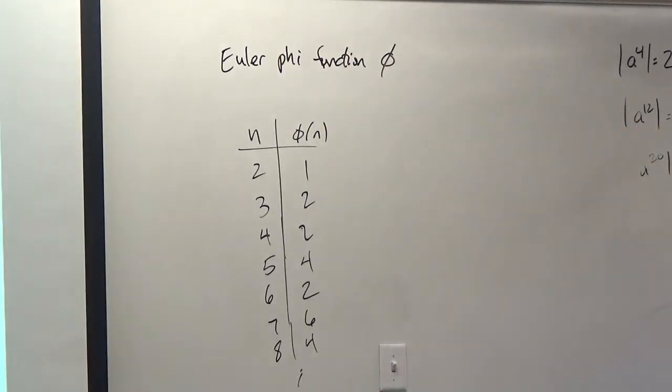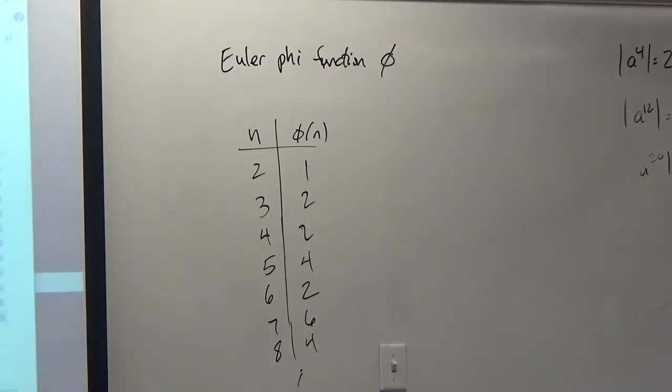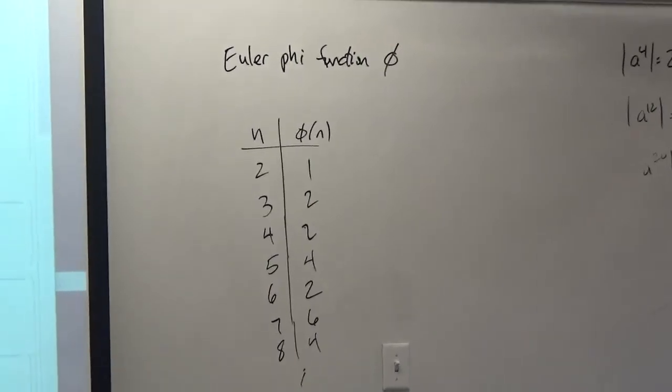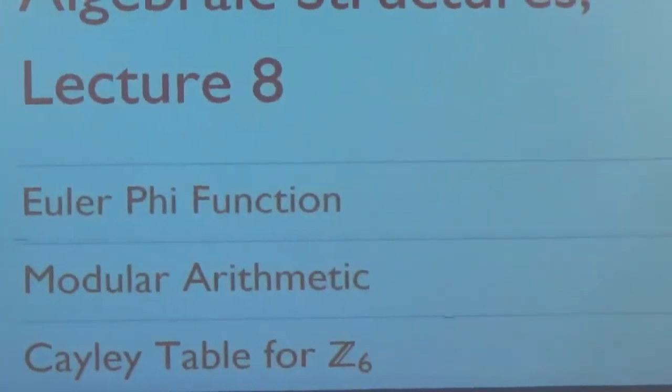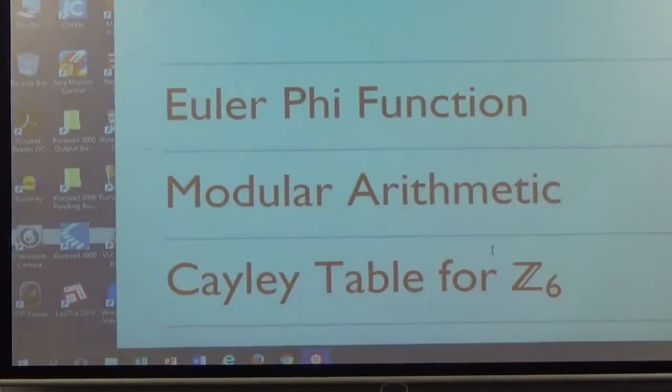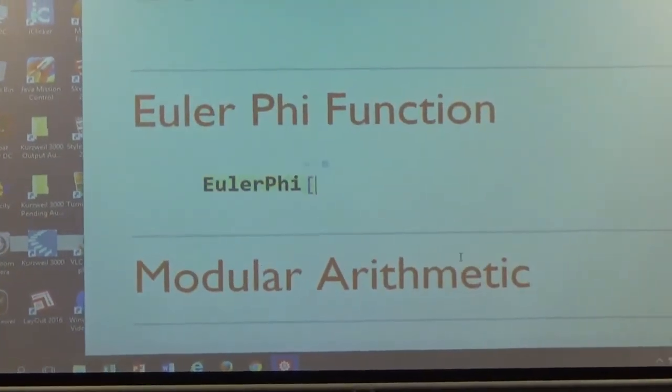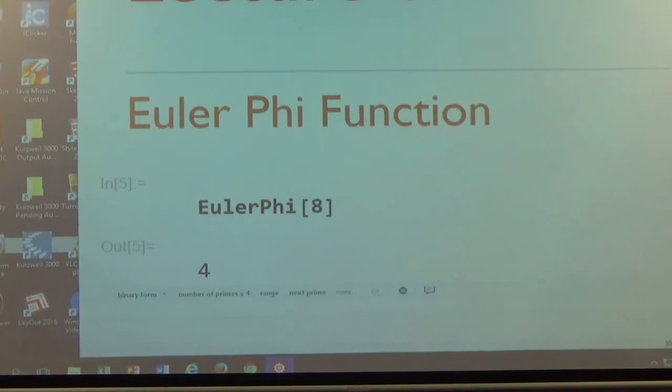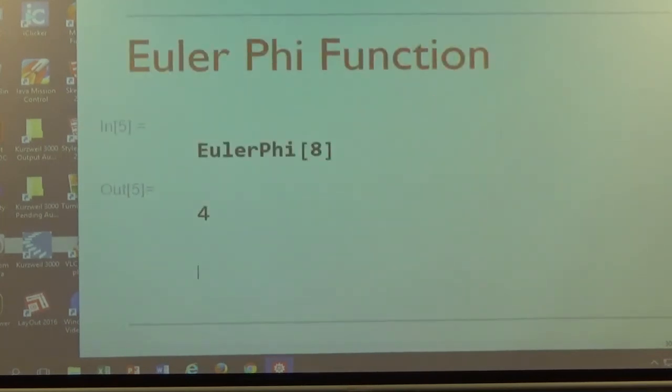Mathematica's got Euler phi built in. And you just type it as EulerPhi with a capital E and a capital P. Euler phi of 8, for example, is 4. Euler phi kind of behaves in an up and down way. Sometimes it gives you a big value.